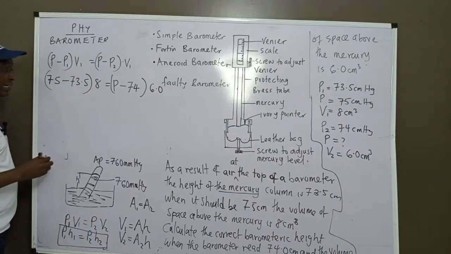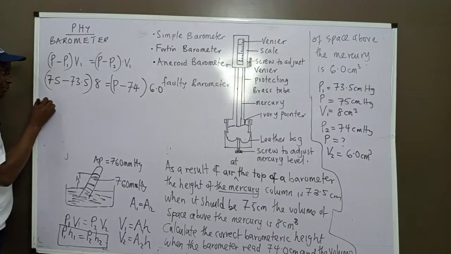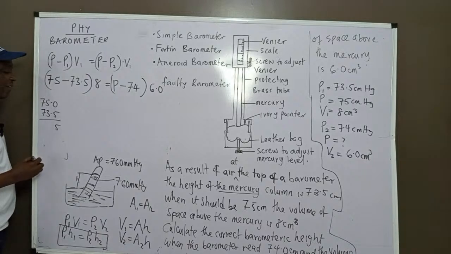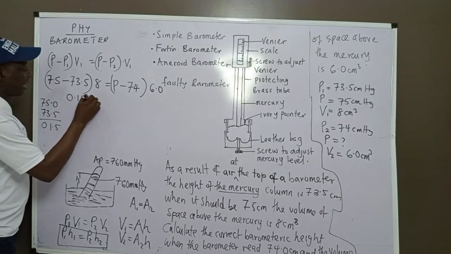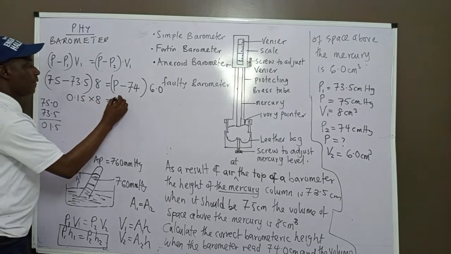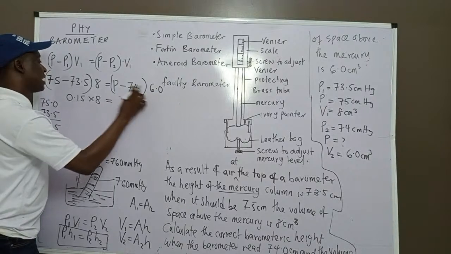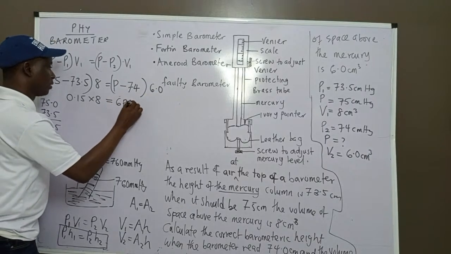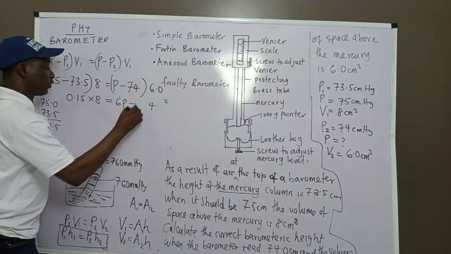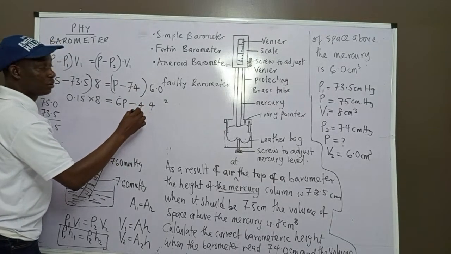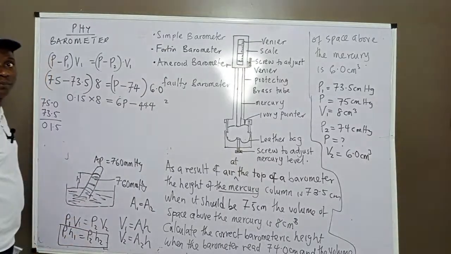So what I'm going to do now is multiply, open the bracket. First of all, 75.0 minus 73.5 is about 1.5. 0.15 times 8 equals 12. Then P times 6 gives us 6P, minus 74 times 6, which is 444.